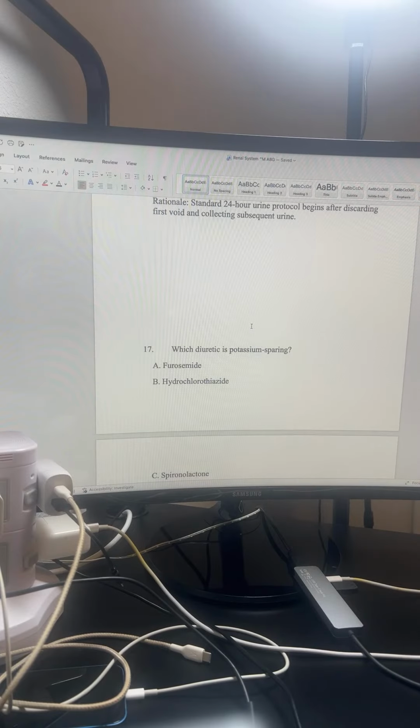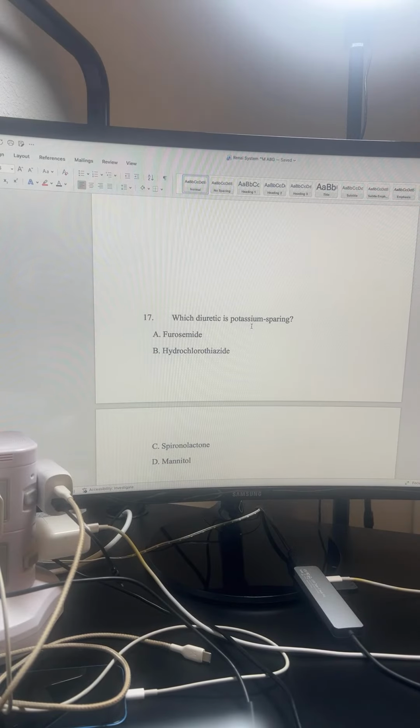Which diuretic here is potassium sparing? A, furosemide, B, hydrochlorothiazide, C, spironolactone, or D, mannitol? All right. I see C, spironolactone. What is mannitol?